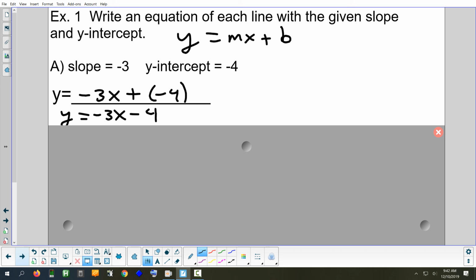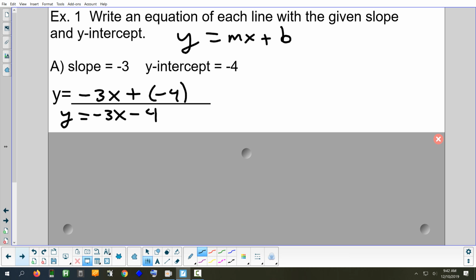Adding a negative is the same as just subtracting. Either answer is correct. Plus -4 or -4. Same thing. Okay. But that's it. That's the answer. That's all they're looking for. Okay. Any question about why we put the -3 where we put it? Or why we put the -4 where we put it? Okay. Really, the only mistake you could make is if you put the numbers in the wrong spots.